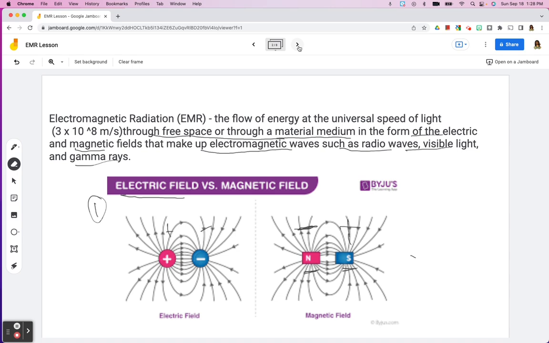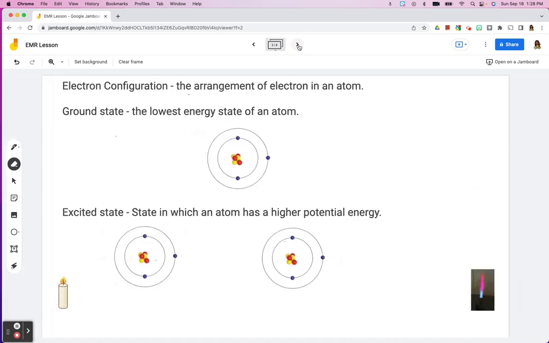Okay, so next up, now when I said we were going to focus on Bohr's model to examine the arrangement of electrons in an atom, we have two particular states that the Bohr model is going to help us understand. First, there's the ground state, which is the lowest energy state of an atom.